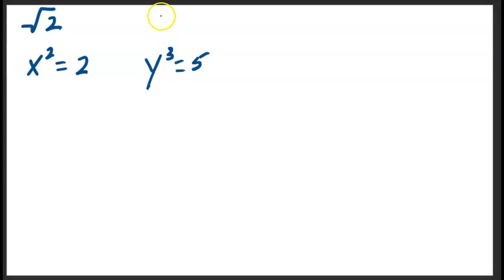Do you see that another way to state this question is to ask whether the equations x squared equals 2, which is another way of stating the square root of 2, what number squared equals 2, y cubed equals 5, which is another way of stating the cube root of 5, and z to the 4th equals 3, which is another way of stating negative the 4th root of 3.